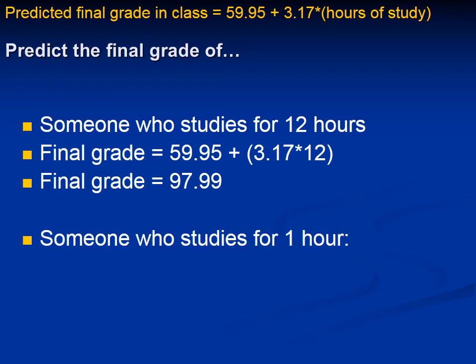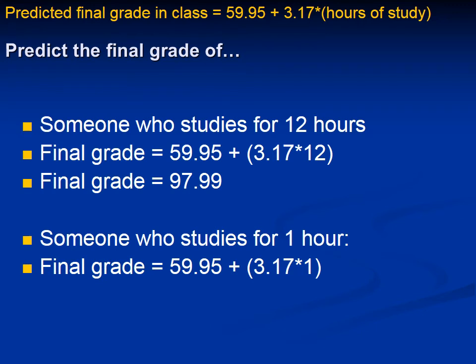Someone who studies for 1 hour, it means you're going to substitute where there is x, you substitute 1, and that will give you the answer. That's what I did here. So the slope times 1, which is x. Remember, x is the hours spent reading, and final grade is our dependent variable, or our y.